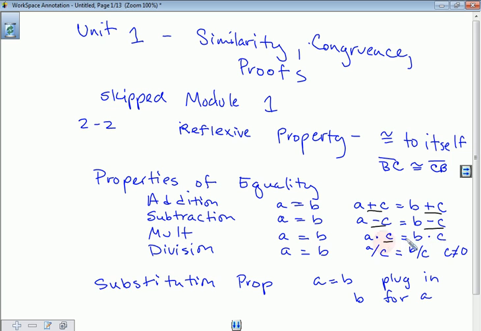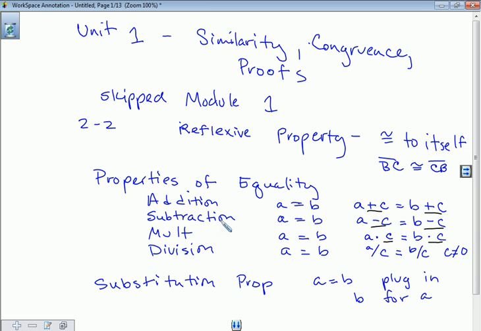If we multiply both sides by the same amount, it's still equal. If we divide both sides by the same amount, it's still equal, as long as what we're dividing by is not 0. So that's the addition property of equality, the subtraction property of equality, the multiplication property of equality, and the division property of equality.